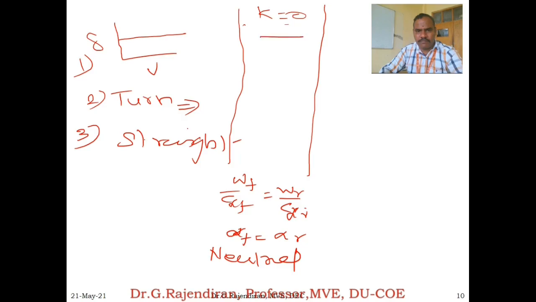Second, on the turn, the curve, it will be making a constant radius of turn. Radius of turn is equal to constant. So no need to give any steering input. And when the vehicle is moving over a straight line and the side force is acting, the vehicle will move in a fixed line according to the side force that is acting.